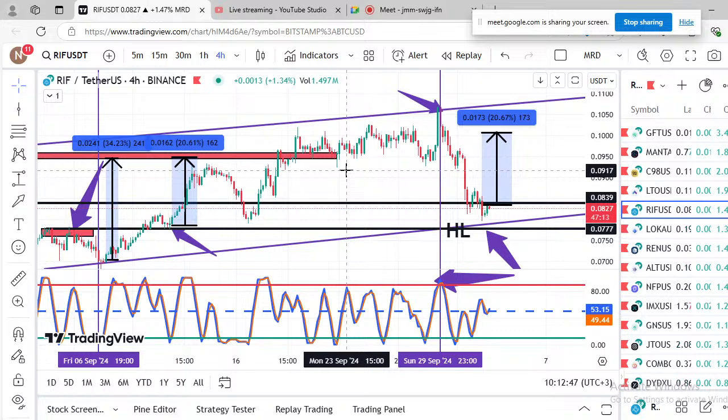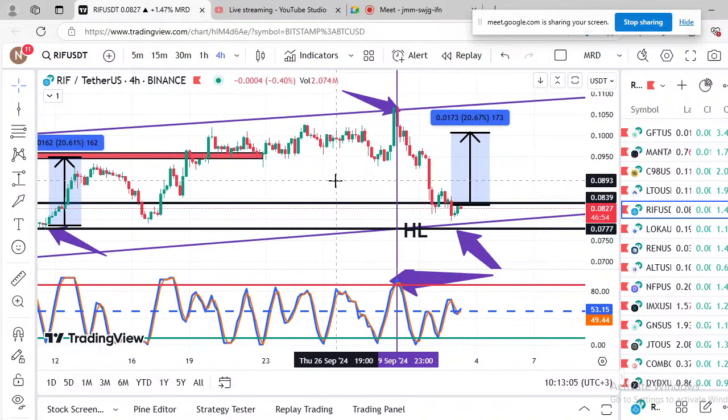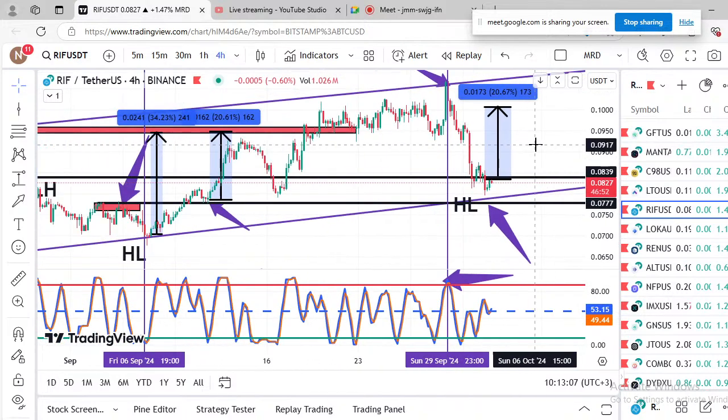The indicator can be lagging. Indicators can't be 100% correct. I repeat. Now, let me show you an example.